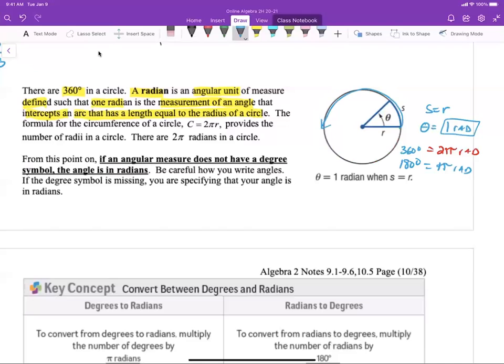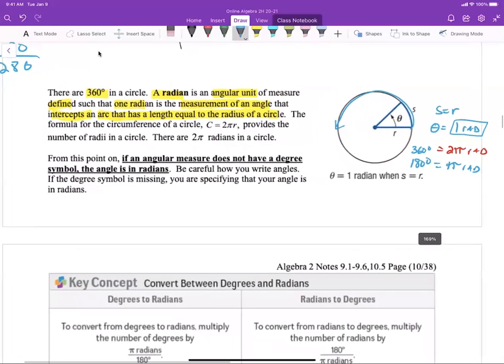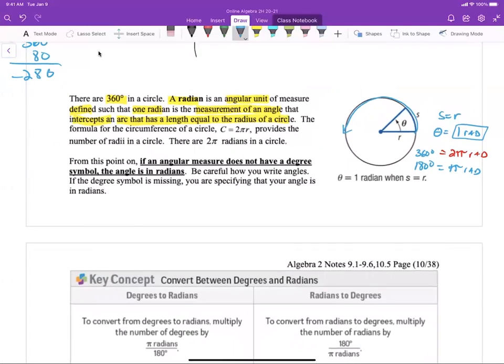Those are things you must know. You should know by the end of this unit that pi radians is half a circle, and 2 pi radians is a full circle. From this point on, by the way, radians is unitless. You don't have to use rad, but you're going to notice that if an angular measure does not have a degree symbol, the angle is in radians.